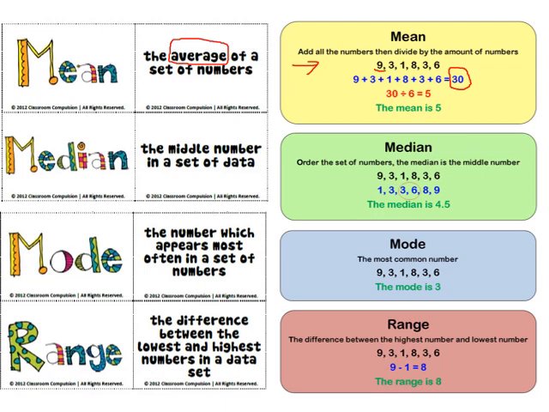So how many numbers do we have? 1, 2, 3, 4, 5, 6, yes. And so they've divided that total by the number of data in the set. So 30 divided by 6 is 5. So that is how you find average, which is exactly the same thing as mean. It's just another way to say it. Those two words are exactly the same thing.